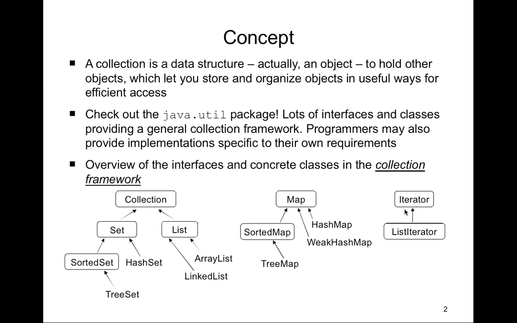One of the other items that comes along with the util package that's not part of the collection, see, these are in the collection category because they're all objects that hold other objects. And objects can be anything. Outside of the collection, we have the map. The map comes in a couple of different forms. We have the hash map, and then we have the weak hash map, depending upon the type of map we're creating.